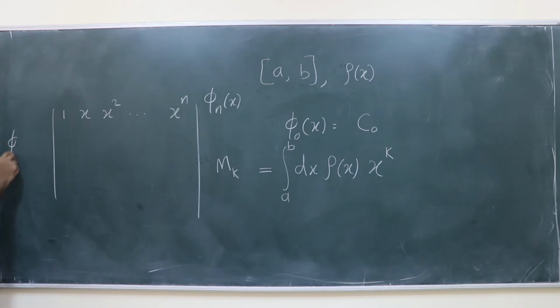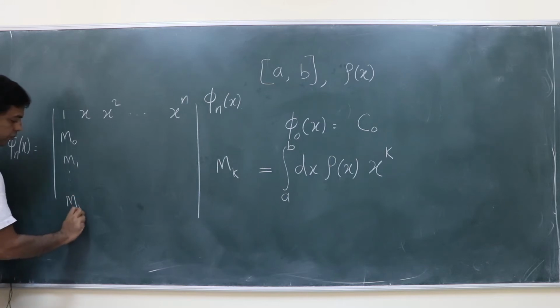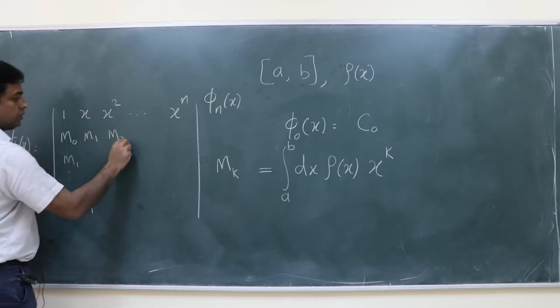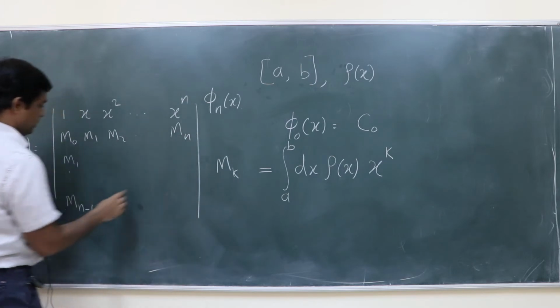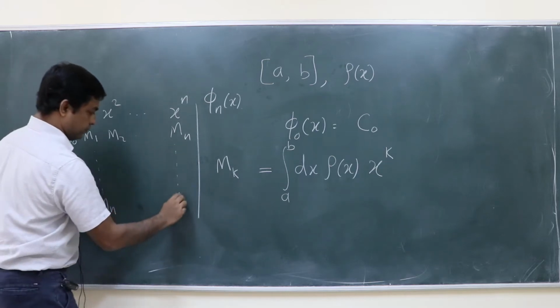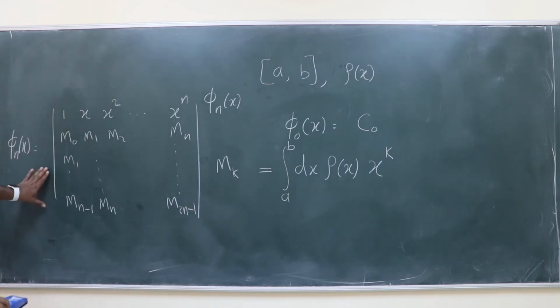So phi n of x is equal to the determinant with rows m0, m1 up to mn minus 1; then m1, m2, up to Mn; and so on, up to M2n minus 1. So phi n of x is the determinant of this matrix.